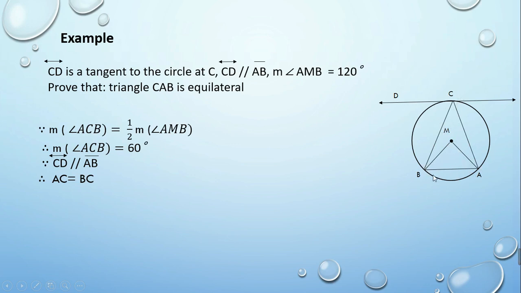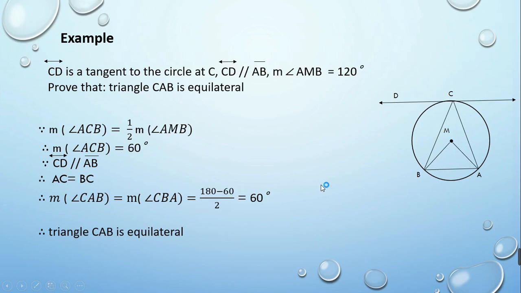So each angle of the others will be 180 minus 60 over 2, which equals 60. So angle C equals 60 degrees, angle CAB equals 60 degrees, angle CBA equals 60 degrees, and the triangle is an equilateral triangle.